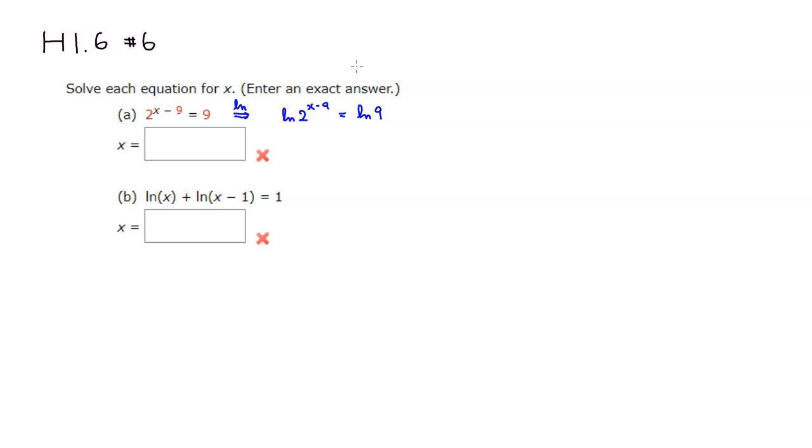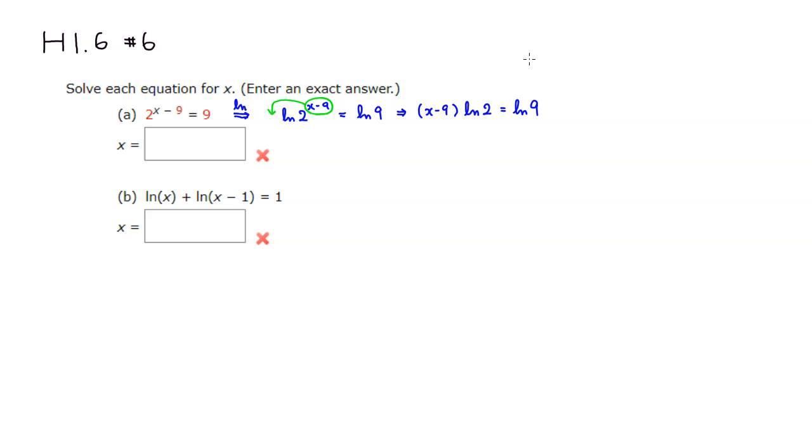Using the log property, remember that if you have a power here, we can place it right in front. So this becomes the quantity x minus 9, multiplied by natural log of 2, and that's equal to natural log of 9.